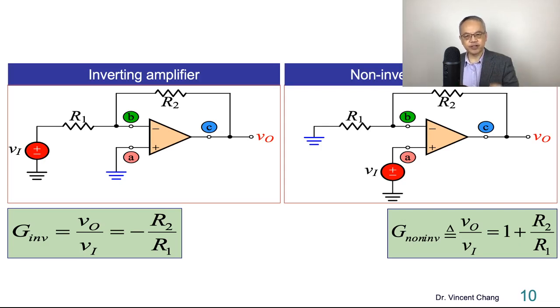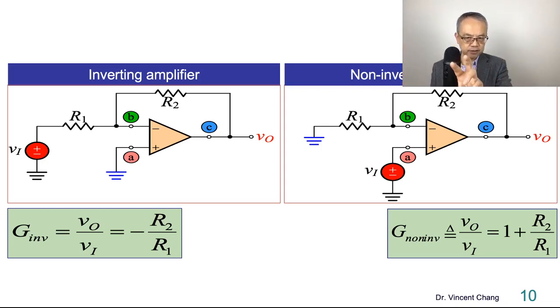In circuit theory, there's a theorem called complementary transformation. For a linear network, if you interchange the VI and the ground, let me repeat this: look at the left.